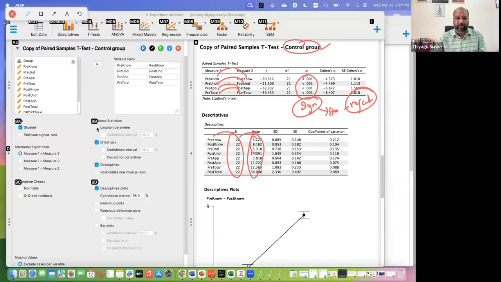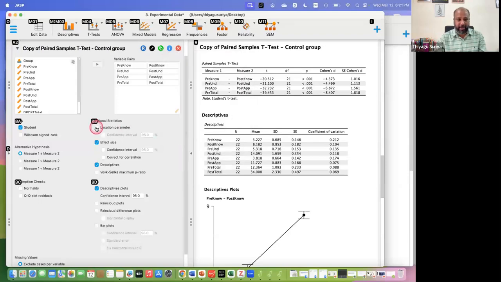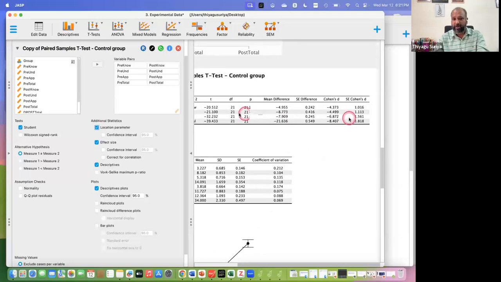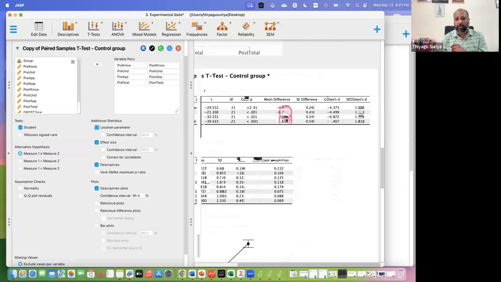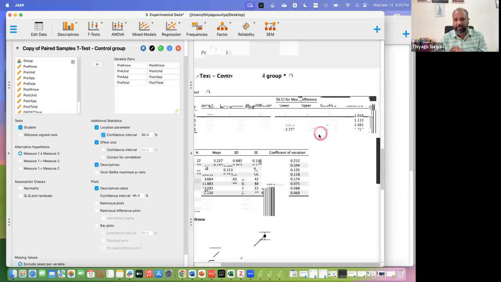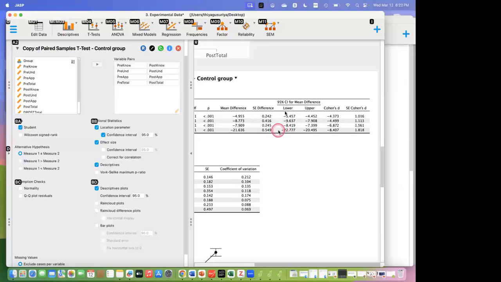Click the location parameter. Can it give this explanation whether the location parameter is satisfying? When you go to the location parameter, is it significant or not significant at 95%? Significant.